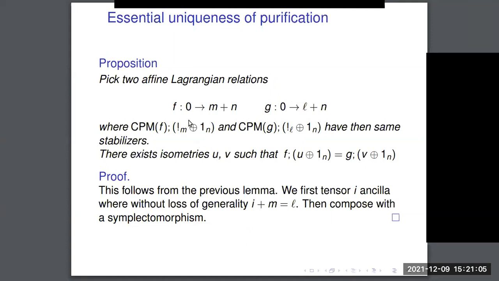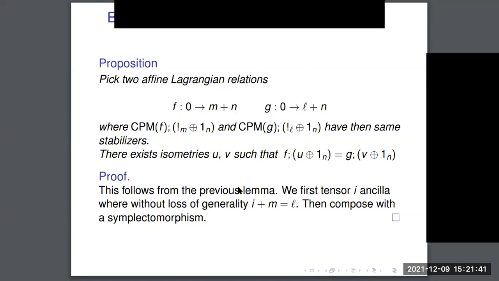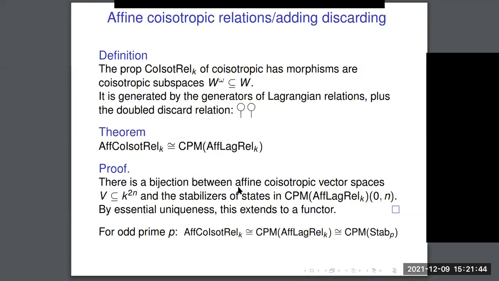If you have two affine Lagrangian relations with the same stabilizers, then you can just apply isometries to the pure states to make them equal. You have to add some ancilla, and then you use the interpretation that the isomorphisms in this category correspond to row operations, and then you can prove the essential uniqueness in general.